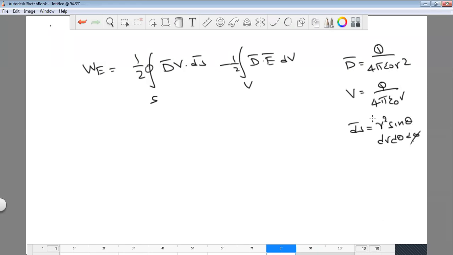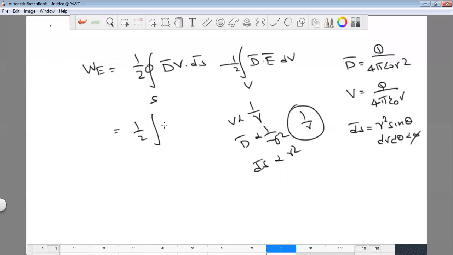So when you are doing the multiplication with respect to the integration 1 by 2, the electrical potential V varies as 1 by r, D bar varies as 1 by r square, and again dS bar varies as r square. Finally you get the value as 1 by r. So we are doing integration with respect to 1 by r for the infinite value.